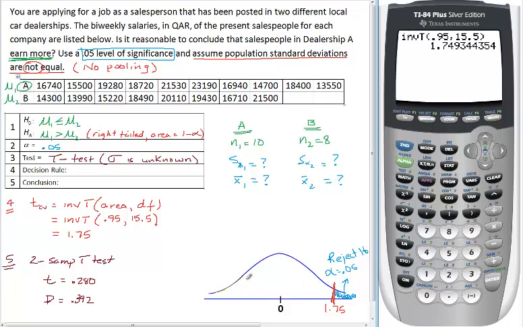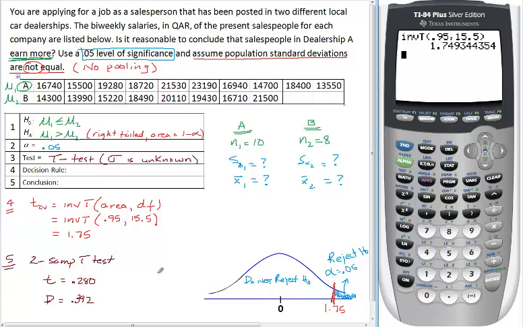Now, some people say do not reject, so I'll write that in this time. Other people say accept H0. Technically, do not reject is a little bit more accurate. There may be type 1, type 2 errors, but lots of people say, for lack of a better term, accept H0. That's fine as well.